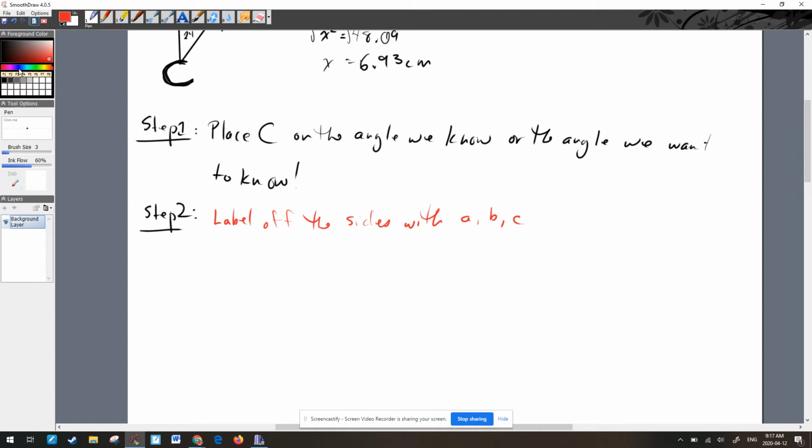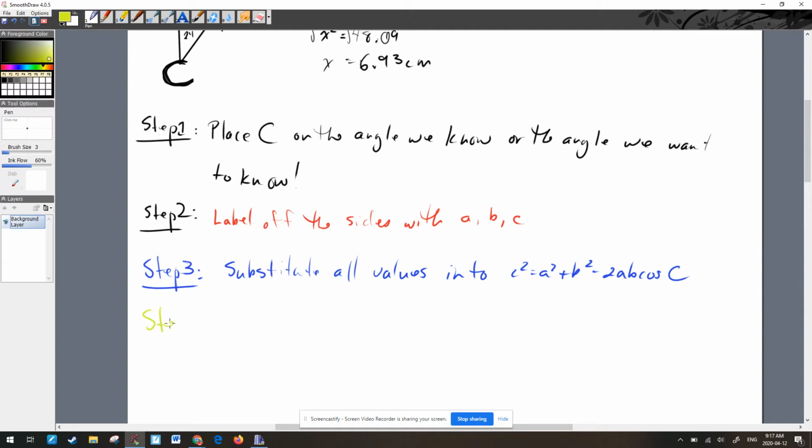And really, it's not a complicated process. Step three is going to be substitute all values into c squared equals a squared plus b squared minus 2ab cos C. And then step four is going to be solve for the remaining unknown.